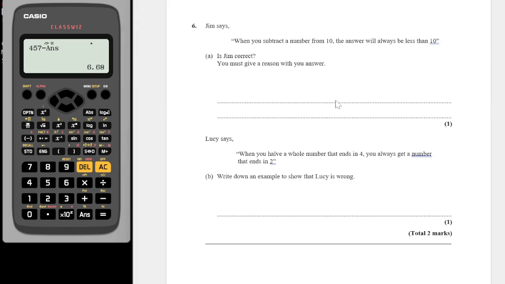Okay, question 6. Jim says, when you subtract a number from 10, the answer will always be less than 10. Is Jim correct? You must give a reason for your answer. For this, I would go, if you subtract a negative number, it will be greater than 10.